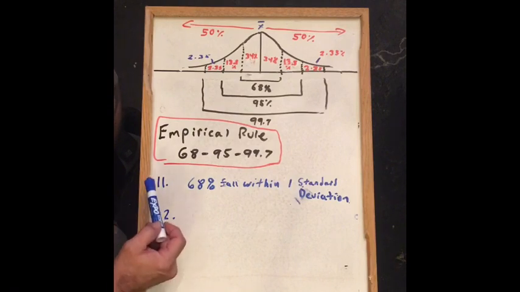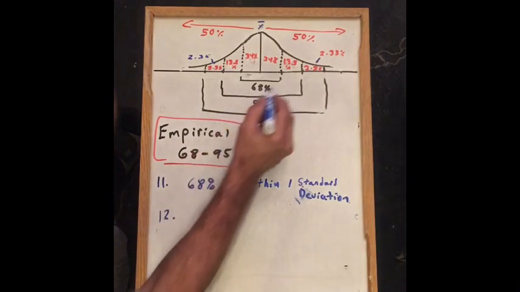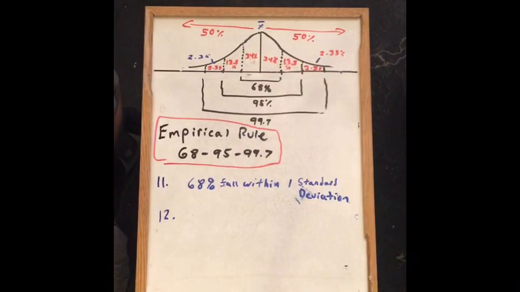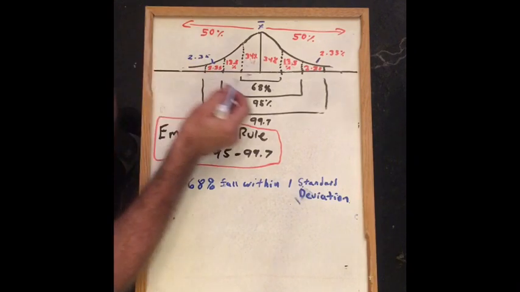Problem 12, we were talking about 3 standard deviations. That's up here. It says if an adult male is told that his height is 3 standard deviations above the mean of the normal distribution of heights of adult males, what can he assume? Well, he can assume that he is taller than about 99.7% of all the other people that were measured in their heights here.